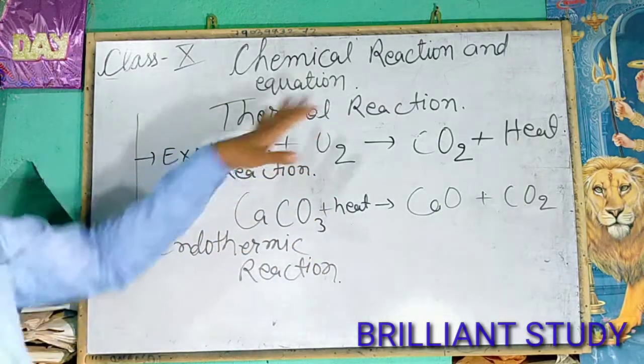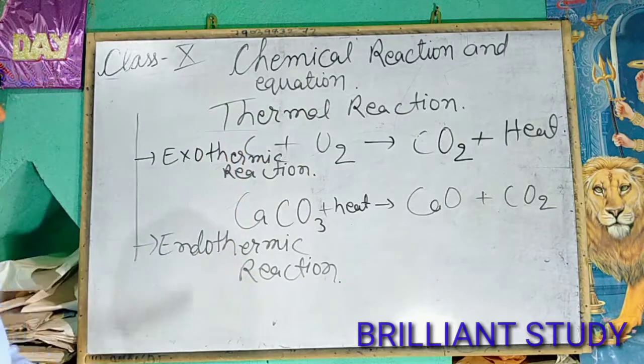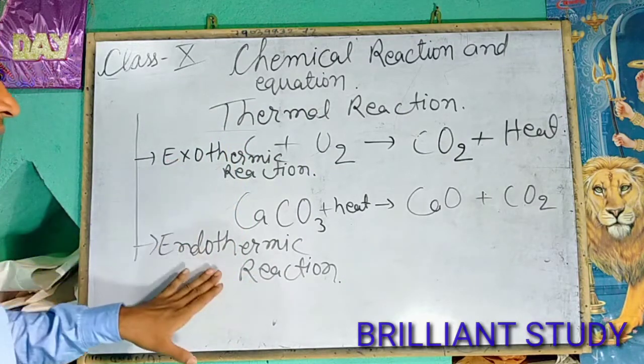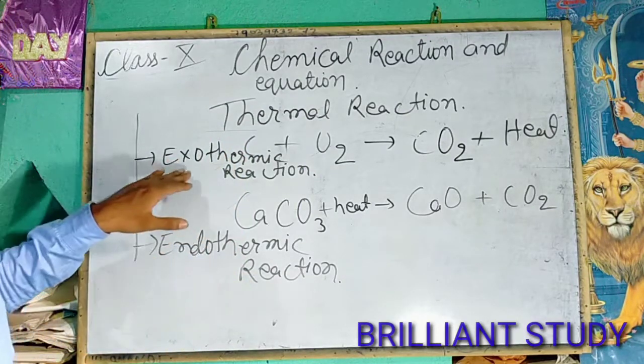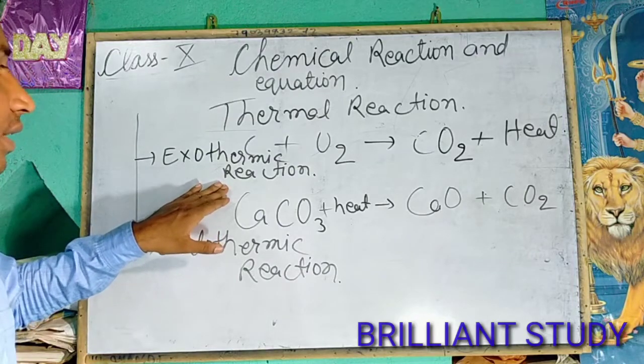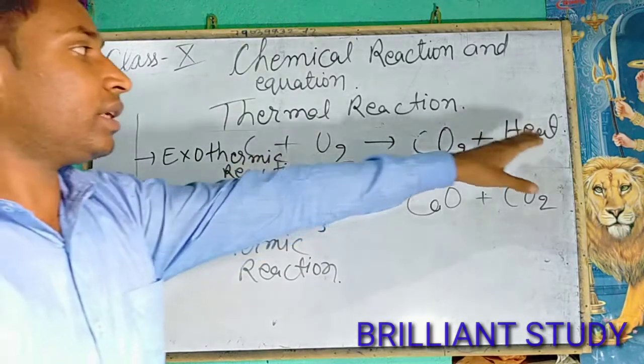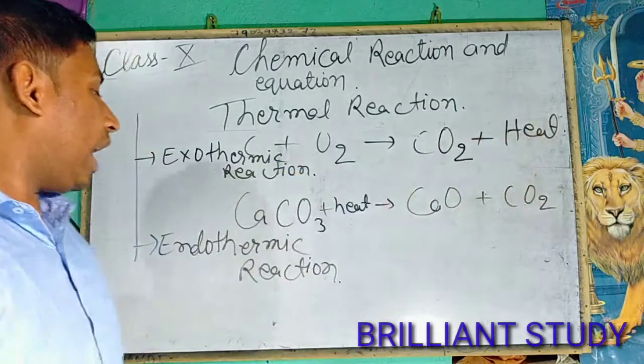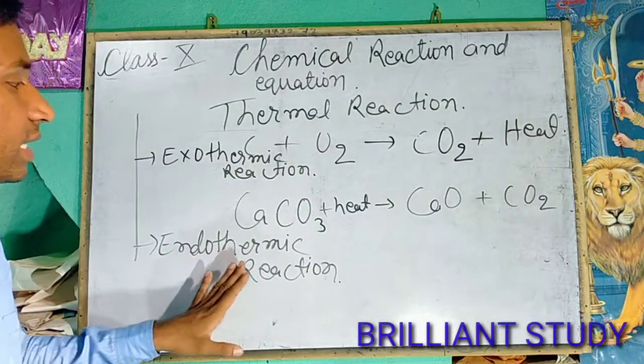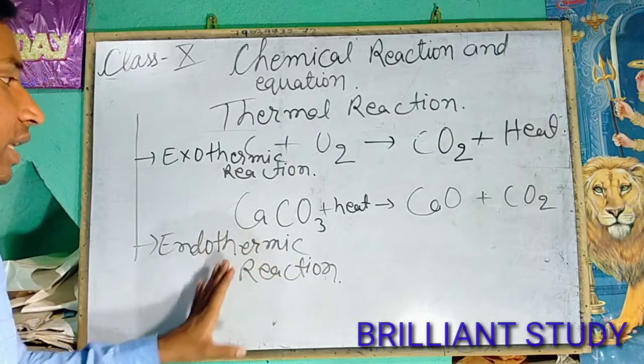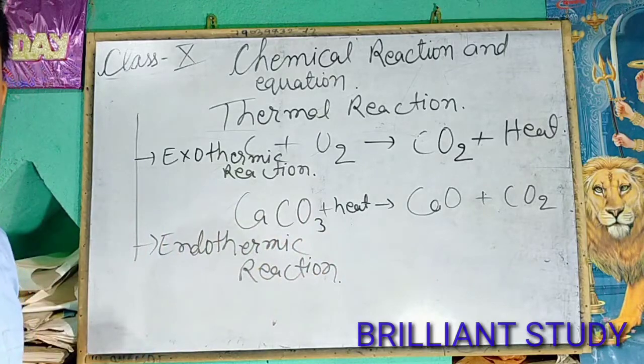So the thermal reaction is divided into two parts: exothermic reaction and endothermic reaction. An exothermic reaction is one in which heat is emitted, and an endothermic reaction is one in which heat is absorbed. So, clear?